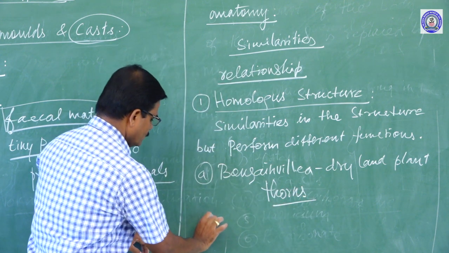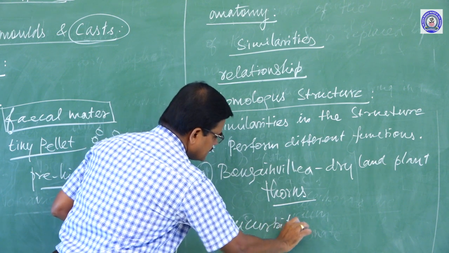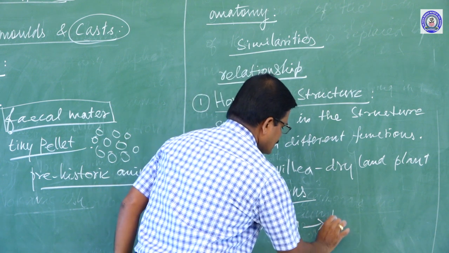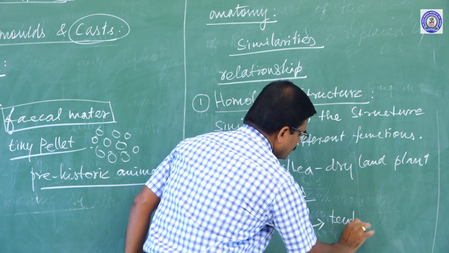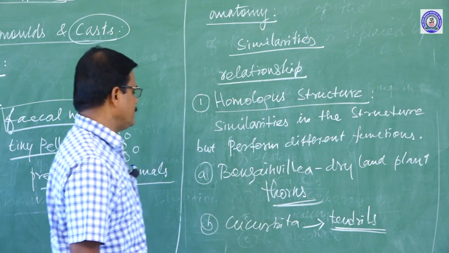Second one I told you is cucurbita, a plant that contains tendrils. The two structures seem to be the same.